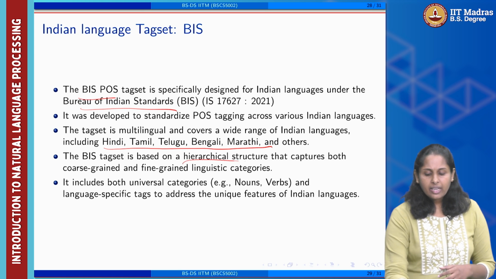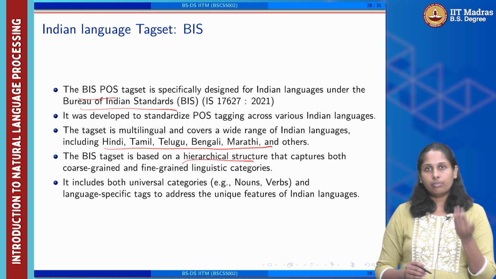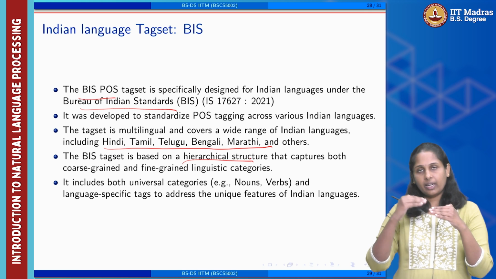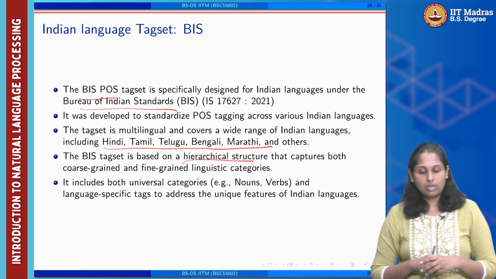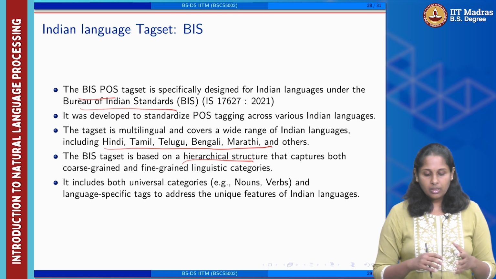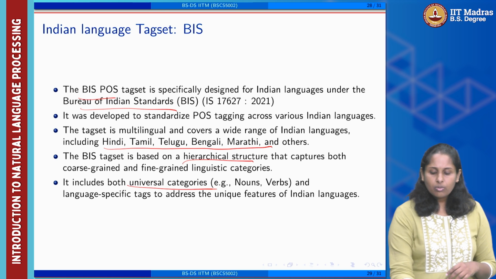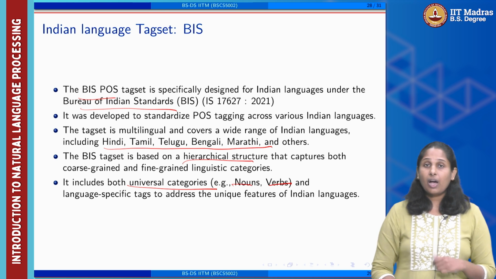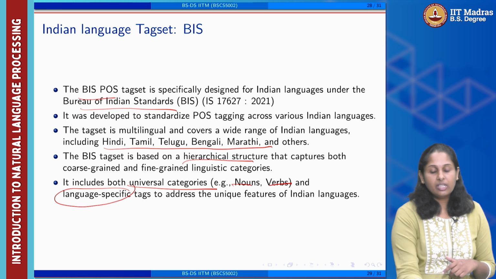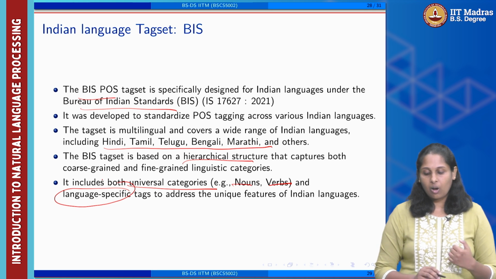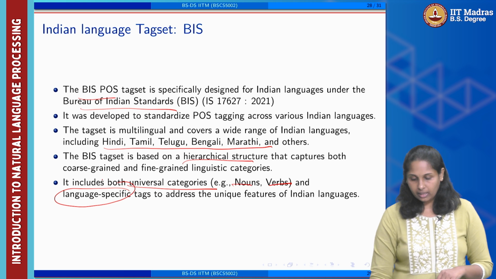Again, this is hierarchical in structure, similar to the Penn Treebank, where there is a verb, and under verb we have multiple other verb types. Similarly, the BIS tag set is also hierarchical. So it includes both universal categories like noun and verb, and most importantly the language specific tags, especially Indian language specific ones, are addressed using this tag set.